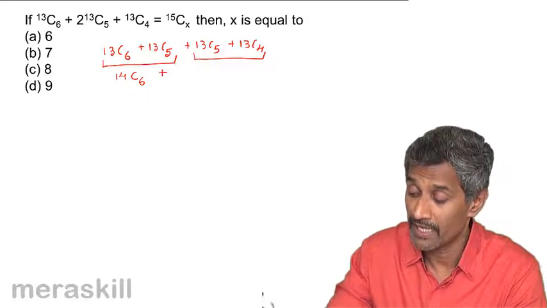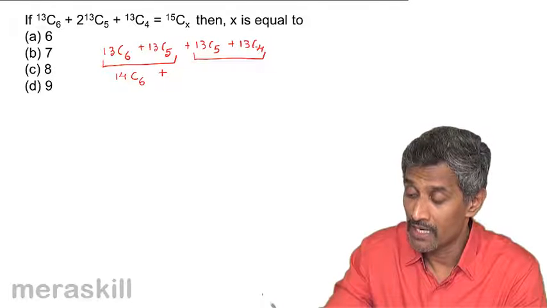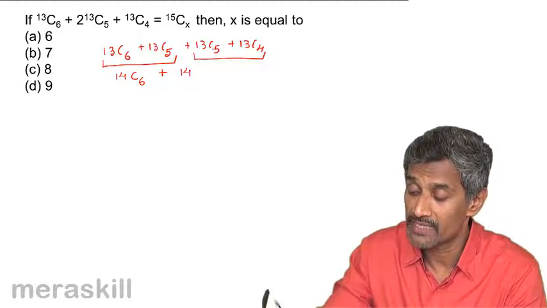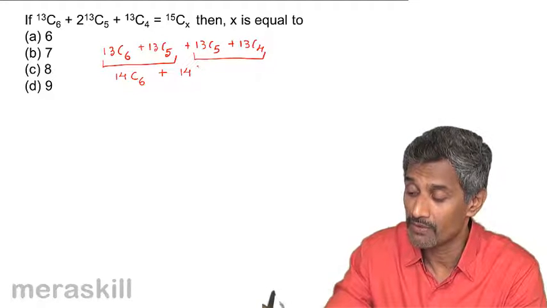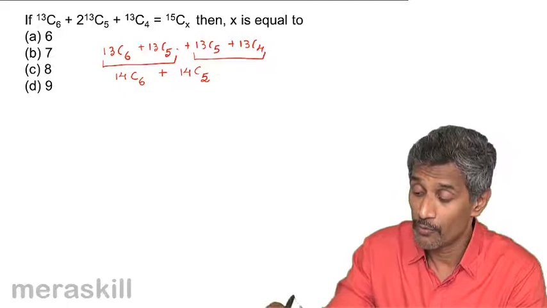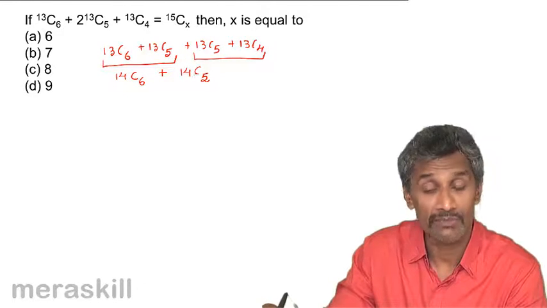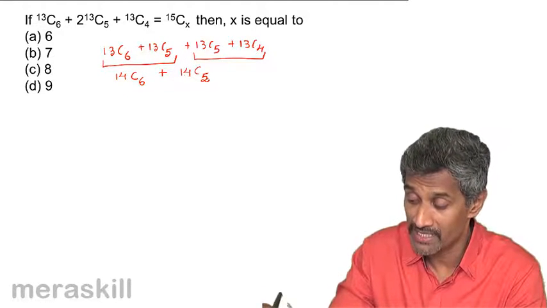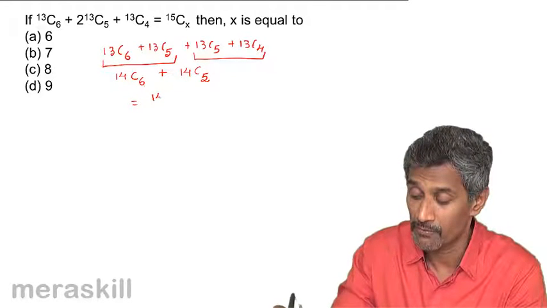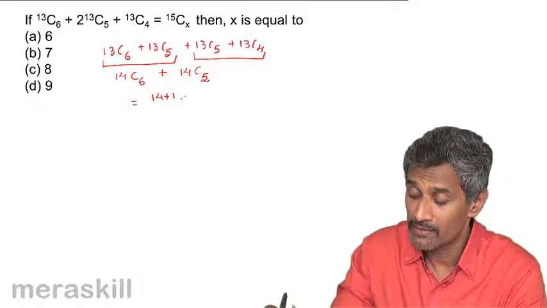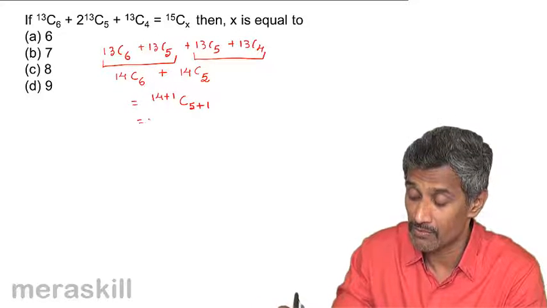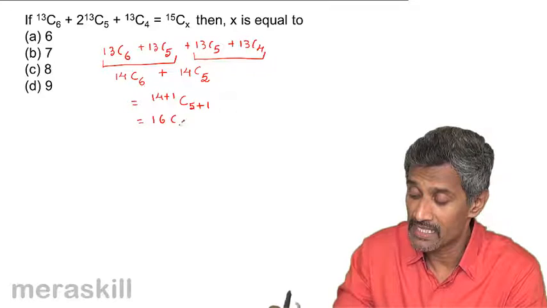Plus, here again, nCr plus nC(r plus 1). So this will turn out to be 14C, among these two, the bigger power is 5, 14C5. So these 4 terms on simplification become this. Again, you're using nCr plus nC(r plus 1) is (n plus 1)C(r plus 1), 14 plus 1, that is 15C6.